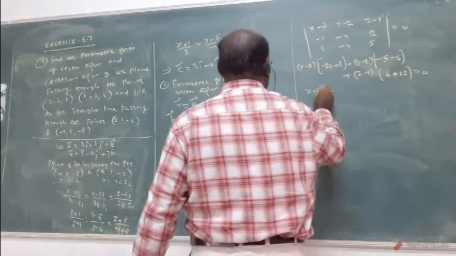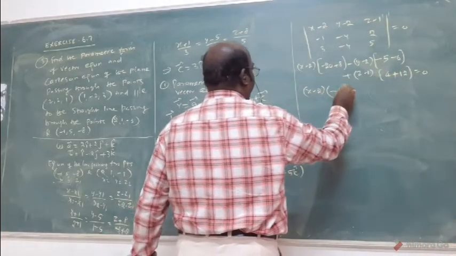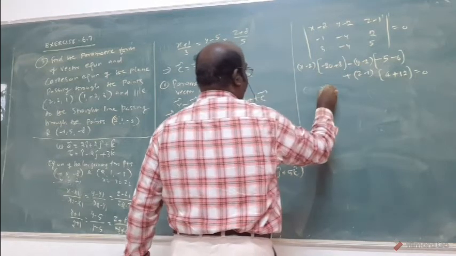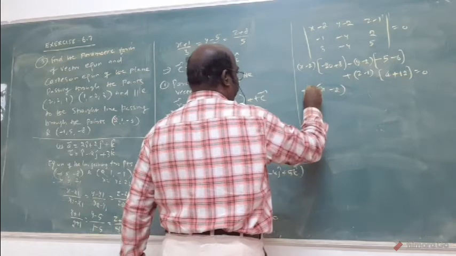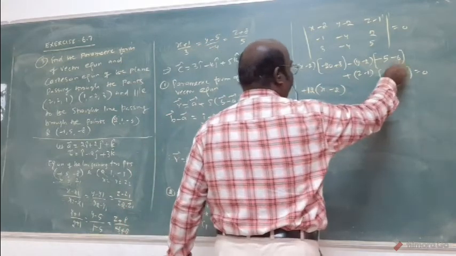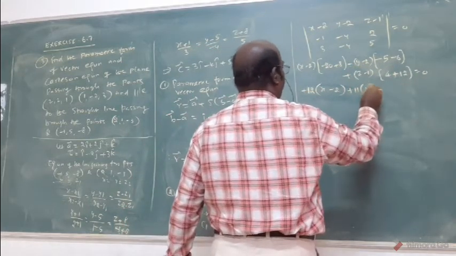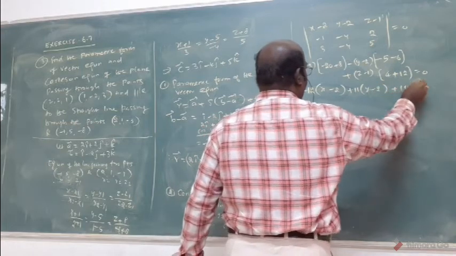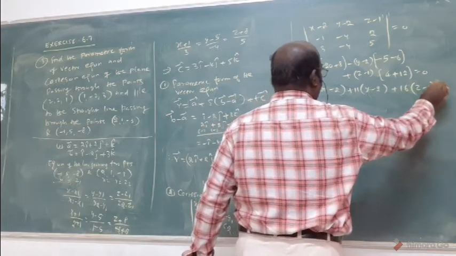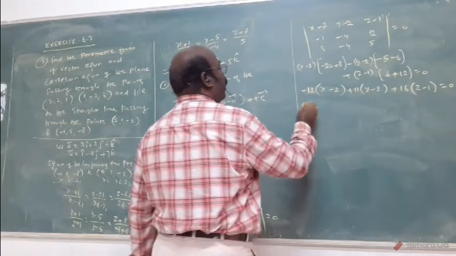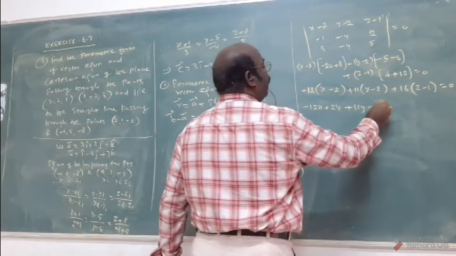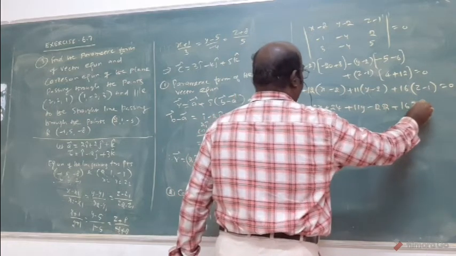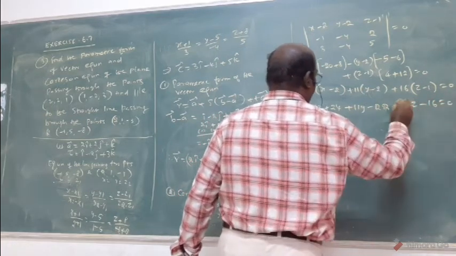Now simplify. x minus 2 into minus 12, next step minus 11, plus 11 into y minus 2, plus 16 into z minus 1, equal to 0. Now minus 4x plus 11y minus 22 plus 16z minus 16 equal to 0.